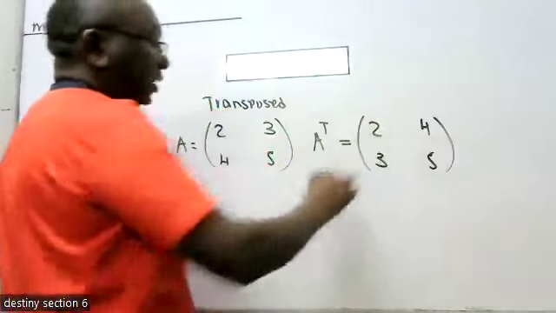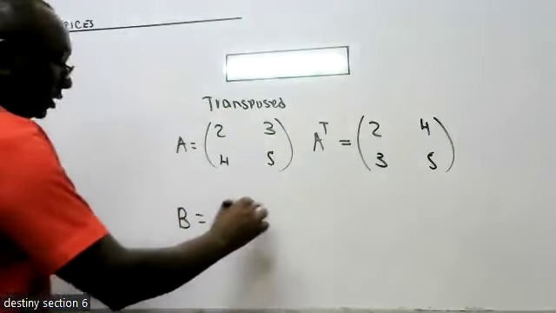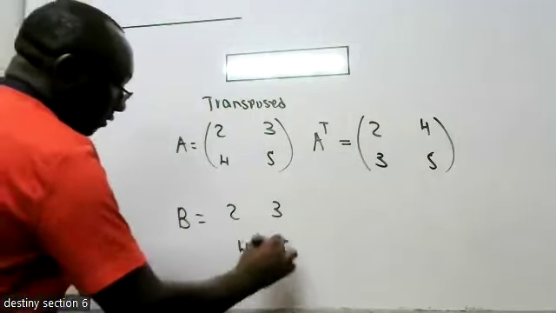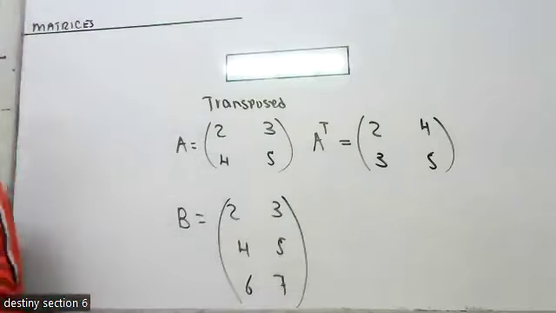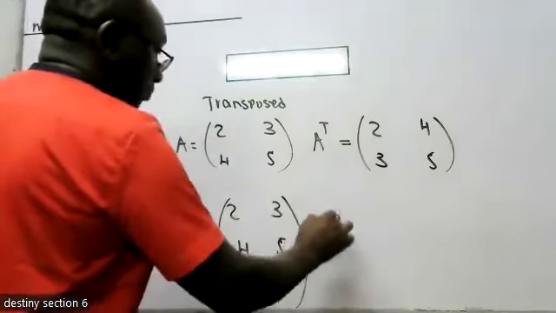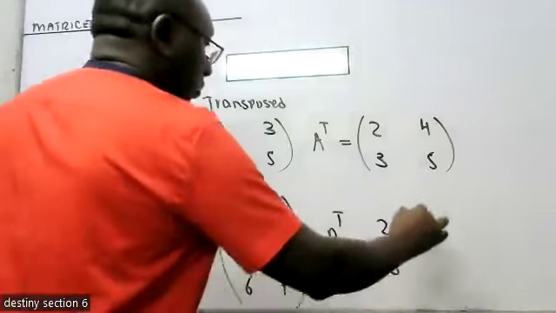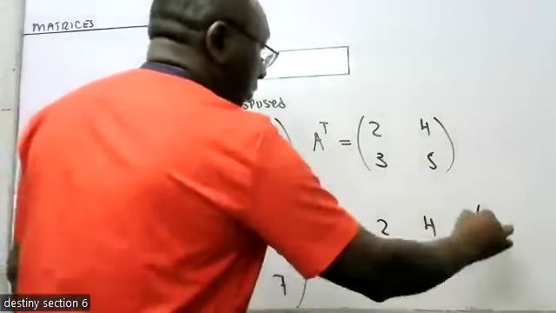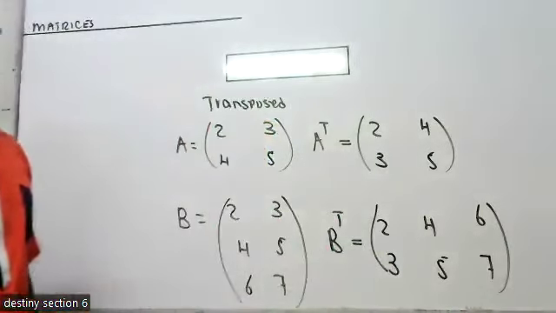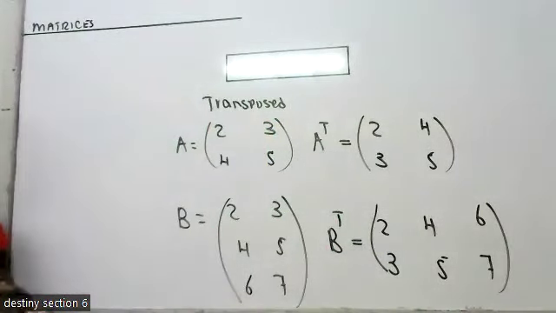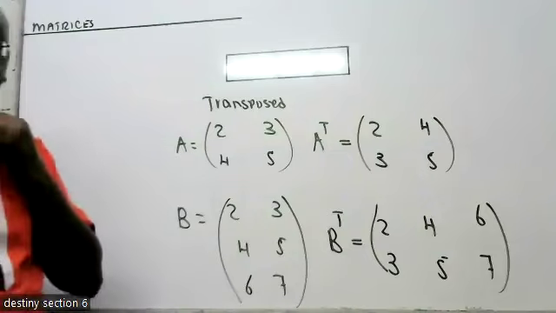That's how you transpose. If you have a matrix B, which is 2, 3, 4, 5, 6, 7, and you are told to transpose to get B transposed, now we are going to have 2, 3 here, 4, 5, and 6, 7. So that is how you transpose. To transpose means to interchange the rows and columns.